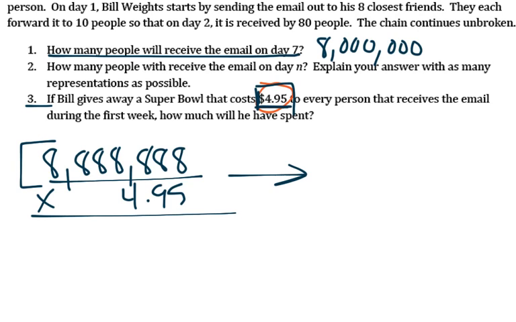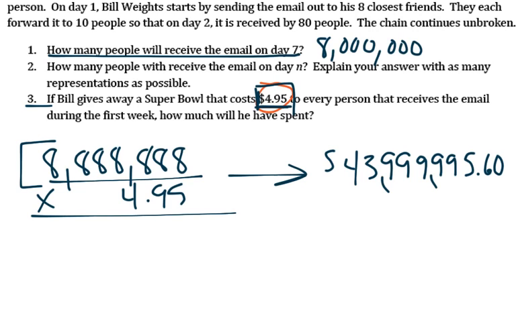And we get this answer. So it would cost $43,999,995.60. Which, if this Bill guy's already got that much, why would he even be bothering working, right? That's how much he would have spent.